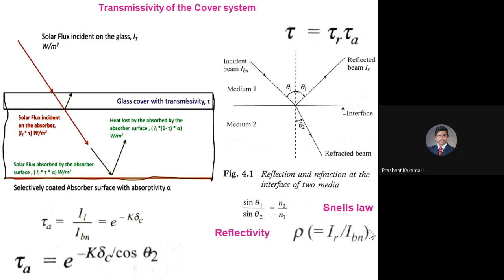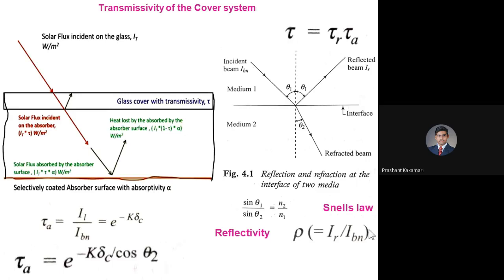Then coming back to the absorptivity of the transparent cover, that can be denoted by tau alpha. To find out how much is absorbed, or what the loss is, we take the ratio of the radiation incident on the absorber to the total radiation. So for tau alpha, you have to focus on the absorber, not on the glass cover, because absorption happens after passing through the glass cover.